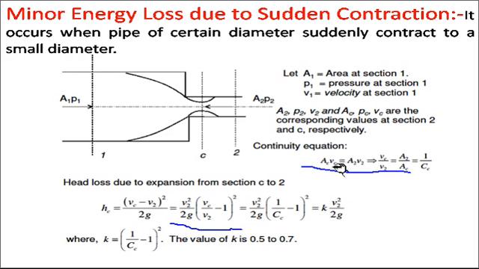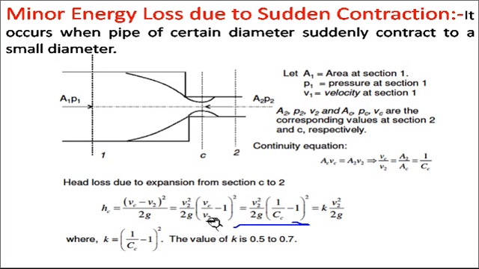Remember that we are going to concentrate on section C and section 2 only, not on section 1. At section C and section 2, we have the continuity equation AC VC is equal to A2 V2. Therefore, we have VC upon V2 is equal to A2 upon AC. Therefore, AC upon A2 will become Cc, so A2 upon AC is 1 upon Cc. That value we are going to put into this equation.